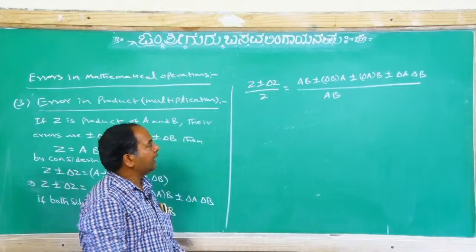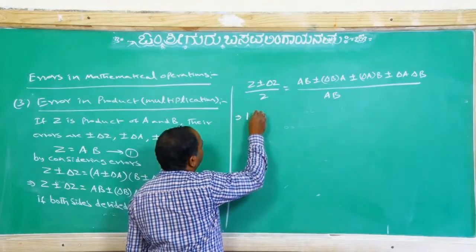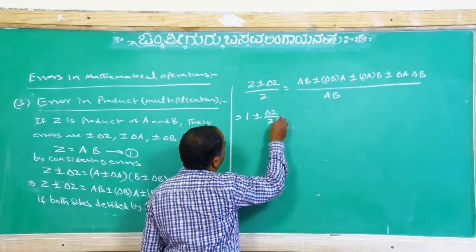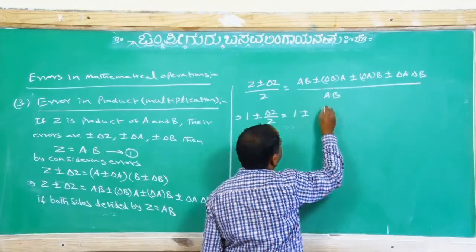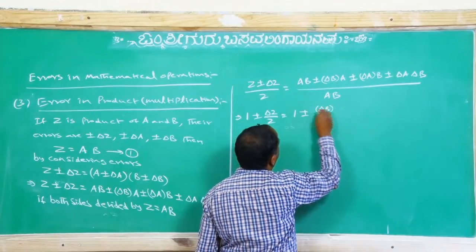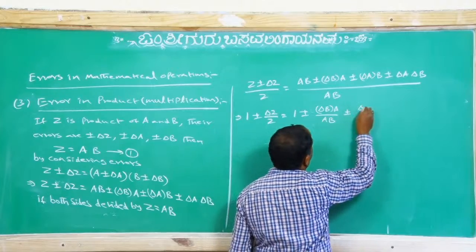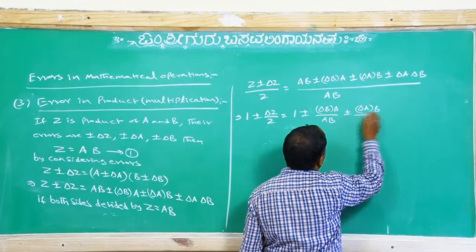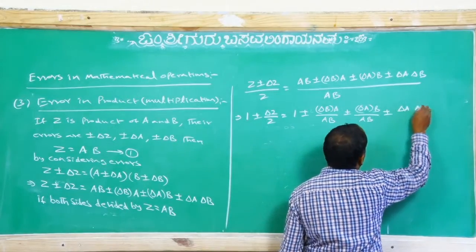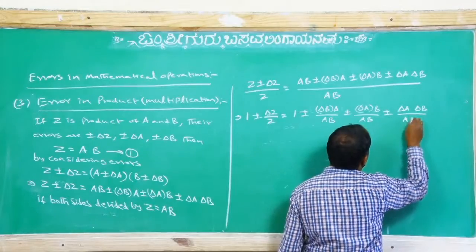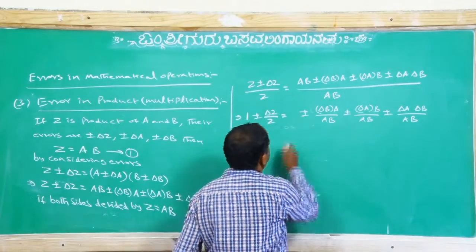Now, separating this, Z by Z gives 1 plus or minus delta Z by Z, equal to AB by AB, 1 plus or minus delta B into A by AB plus or minus delta A into B by AB plus or minus delta A into delta B by AB.